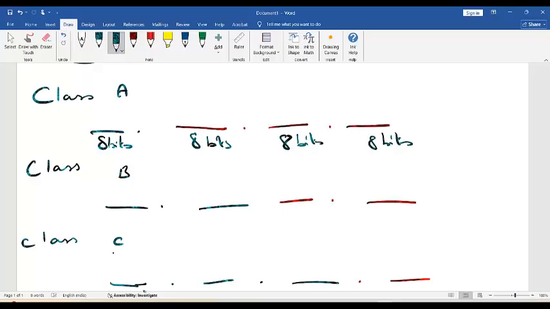You got 32 bits, in which only the first 8 bits are for network. 24 bits are for host. But the 24 bits are not in one group, they are in 3 groups. Each group is 8 bits. So for the host, you got 3 octets in Class A.